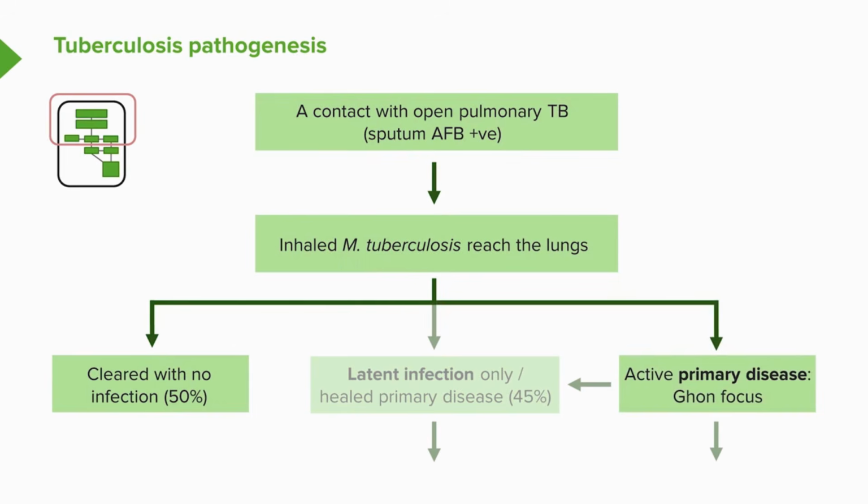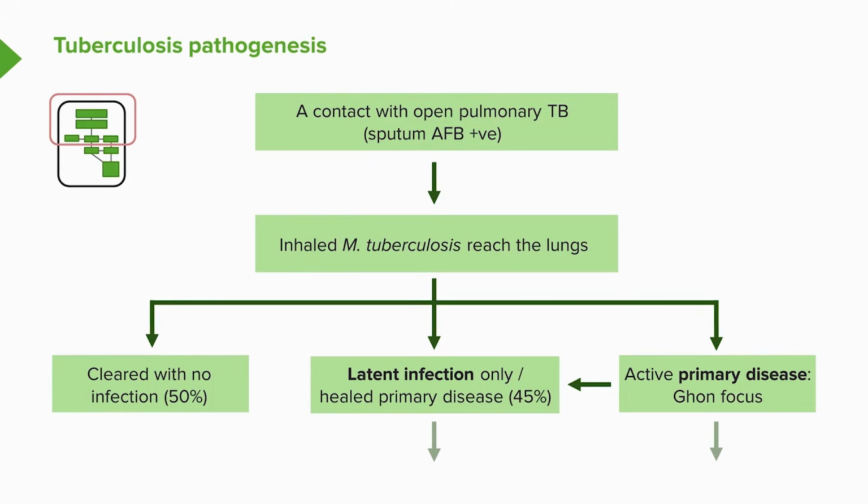In some people, it will actually start to cause primary disease, or replicate enough to cause infection in the lung. That's classically described as a Ghon focus, where you have a mid-zone patch of abnormal shadowing representing the replicating bacteria and the inflammatory response to that infection. In the middle, what we have is patients with latent disease. The invasion of the macrophage does not lead on to active disease, but the bacteria becomes dormant and stays within the macrophage for a very long period of time.